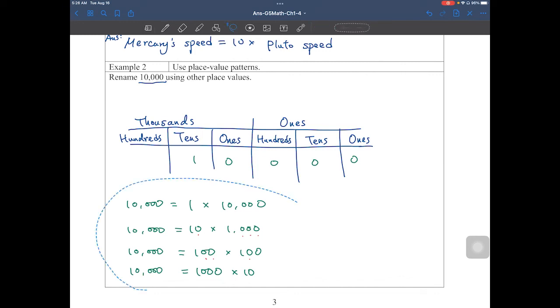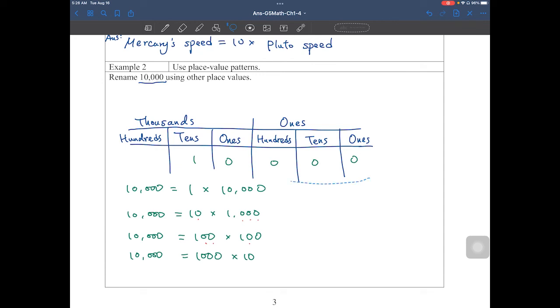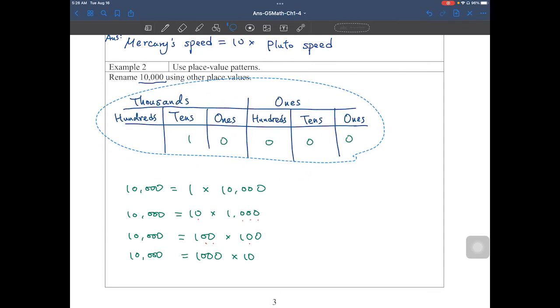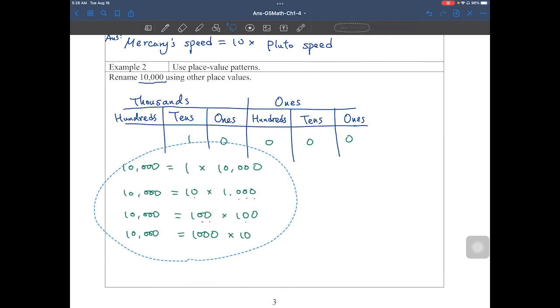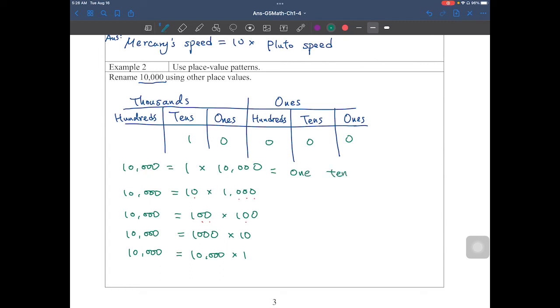I'm going to move this upward because I'm running out of space. And then I also have 10,000 equals 10,000 times 1. So this equals 1 ten-thousand. This equals 10 thousands.